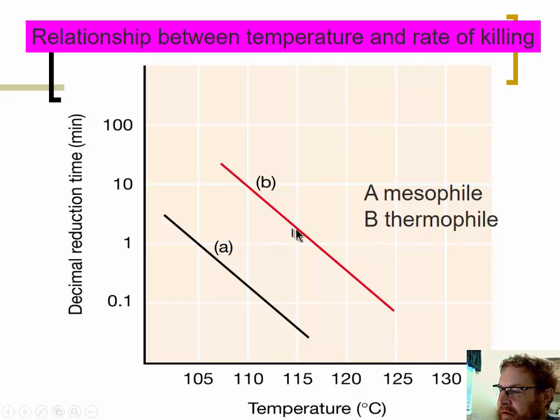That same temperature in a thermophile would only reduce maybe 90% of the thermophiles. So those things that are able to live at higher temperatures are in general going to take even more heat in order to kill them.